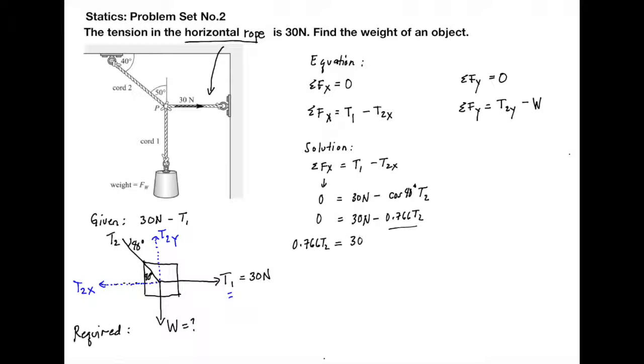And then therefore, the value of T2 is 30 Newton divided by 0.766, and therefore, the value of T2 is 39.16 Newton.